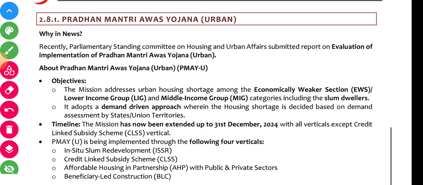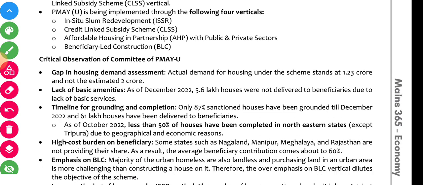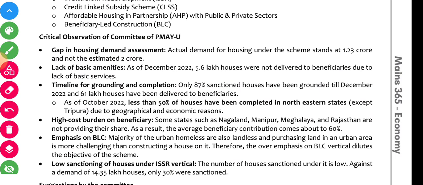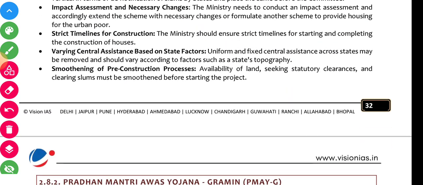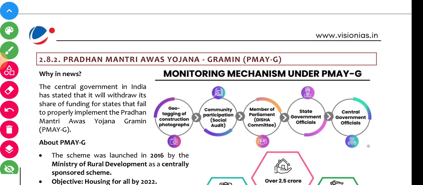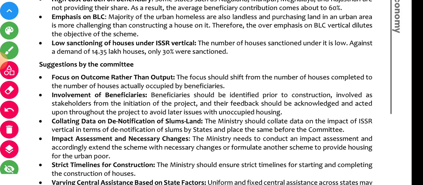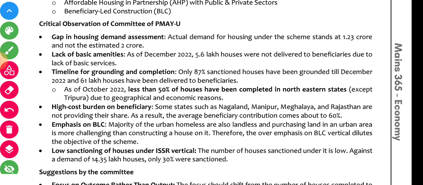Okay. Next is Pradhan Mantri Awas Yojana. This is a scheme. What are the objectives? What are the critical observations of the Committee on Pradhan Mantri Awas Yojana Urban and Pradhan Mantri Awas Yojana Rural, and the suggestions by the committee? So these are some points related to Pradhan Mantri Awas Yojana.